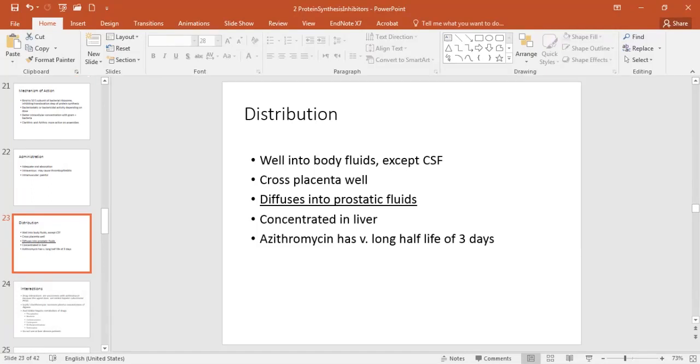Distribution, it has good distribution in the body fluids except CSF, crosses the placenta well and diffuses into prostatic fluids, concentrated in liver. Azithromycin has very long half-life of 3 days.